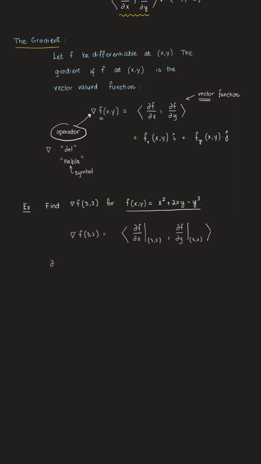Partial of f with respect to x, remember this means we're holding y constant, will be 2x plus 2y. The partial derivative of f with respect to x at (3, 2), well, we'll just plug in our values for x and y. So that's 2 times 3 because x is 3, plus 2 times 2 since y is 2, and this is 6 plus 4, which gives us 10.